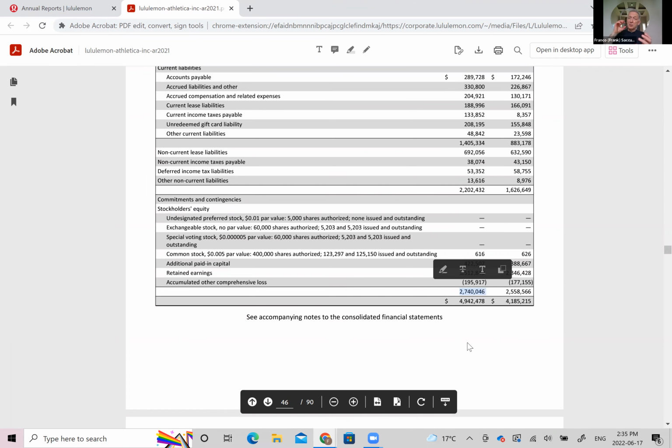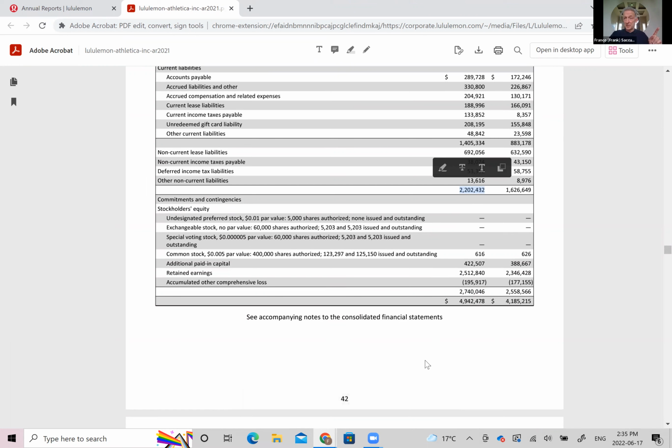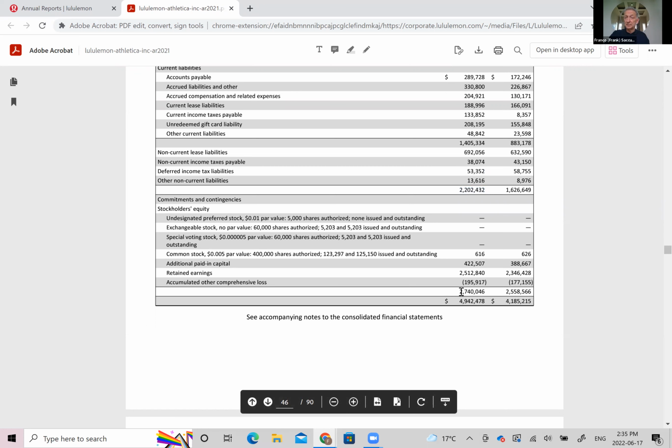So the shareholders have $2.7 billion in this company, and the creditors have $2.2 billion. So we compare that 975 million from the income statement and divide it by the equity here.